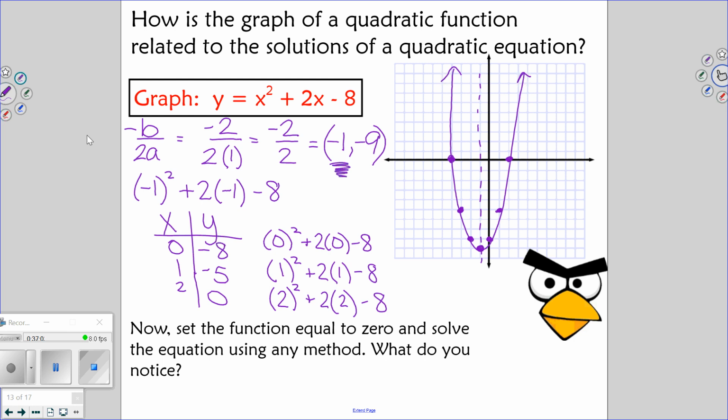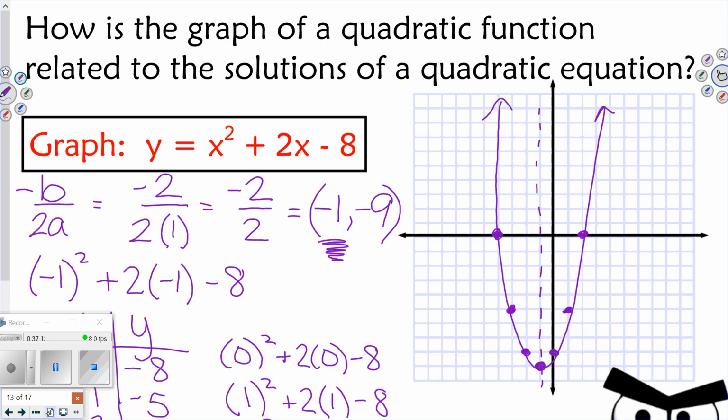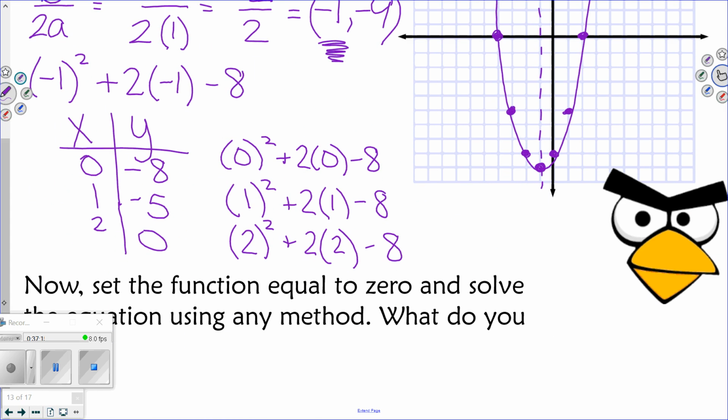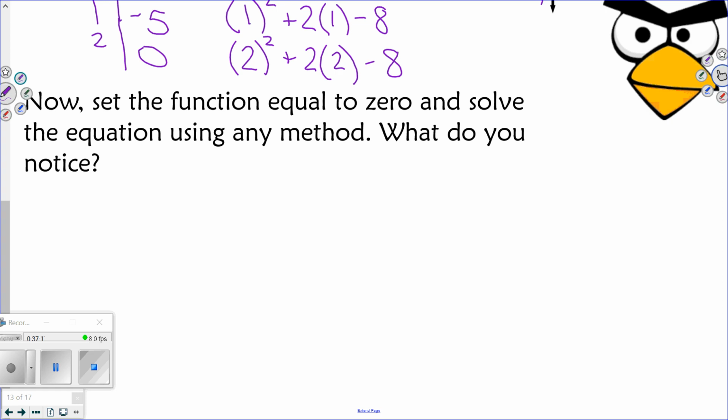Well, let's take a look at the next part. So now let's set the function equal to 0 and solve using any method that you guys want. Okay, and let's kind of see what happens here. All right, so the equation, what did we have? X squared plus 2x minus 8 equals 0.